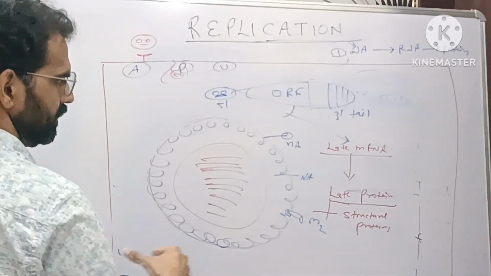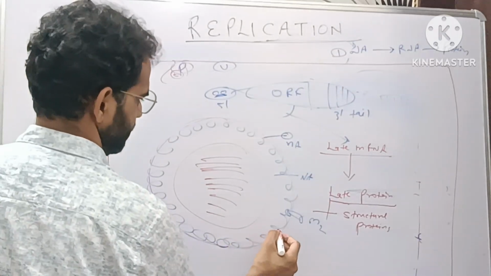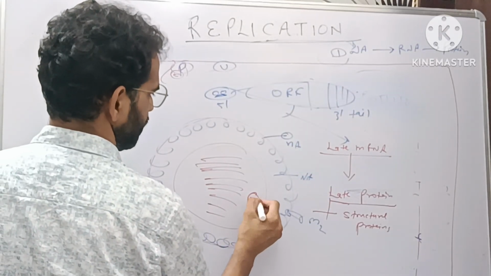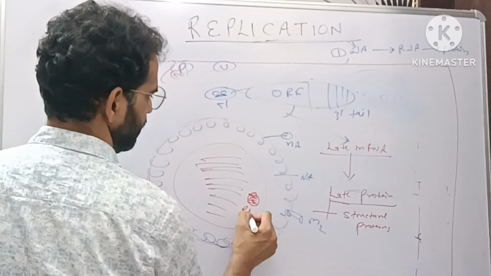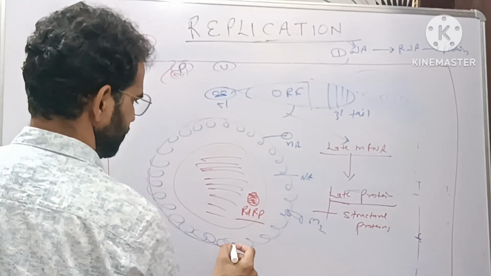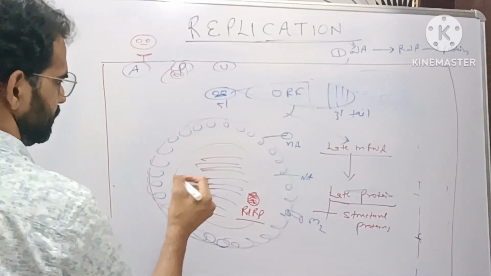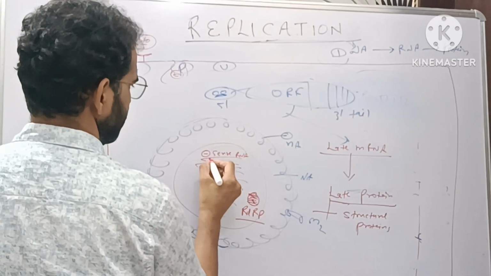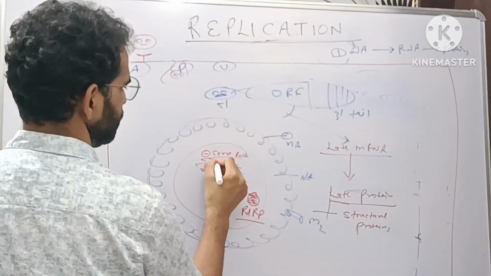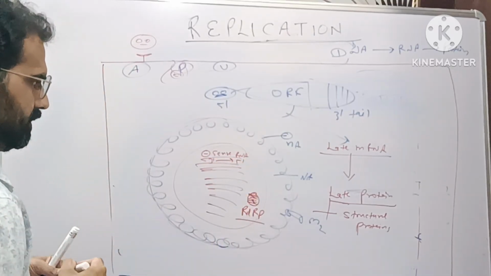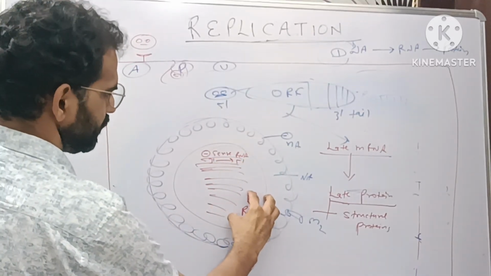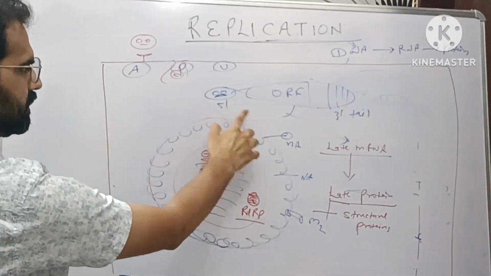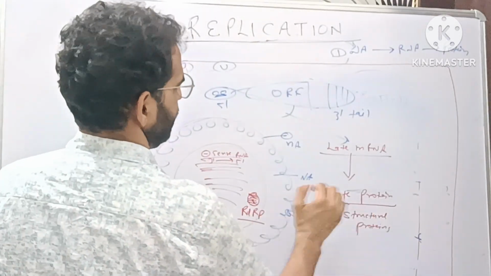So these are the late proteins. Inside the core it has RdRp. Because influenza is negative sense, all these are negative sense RNA, meaning their polarity is 3 to 5 direction. So this is the early protein, and the structural and capsid proteins are the late proteins.